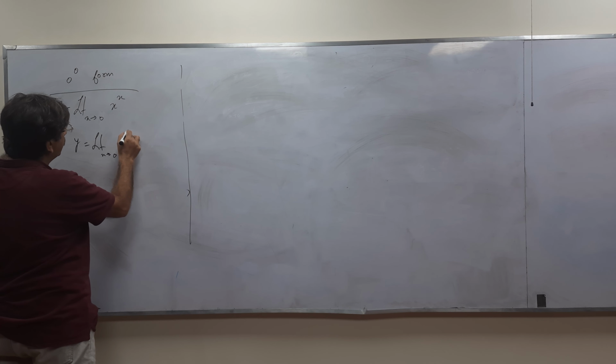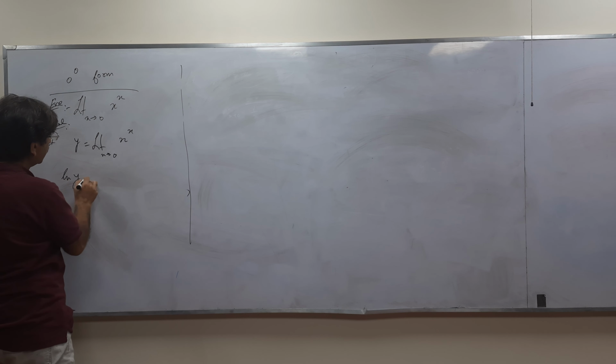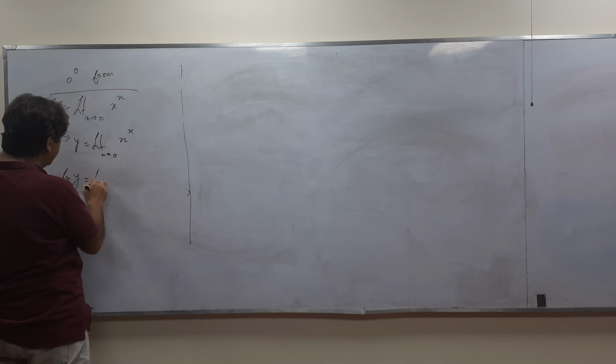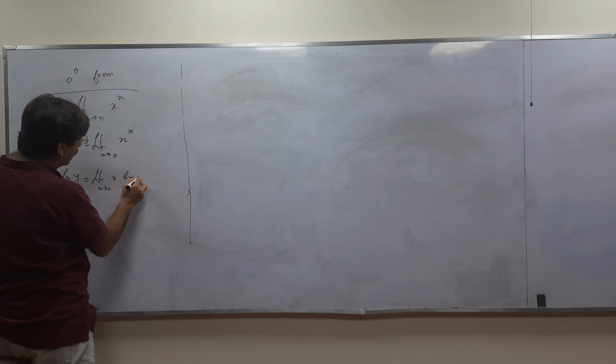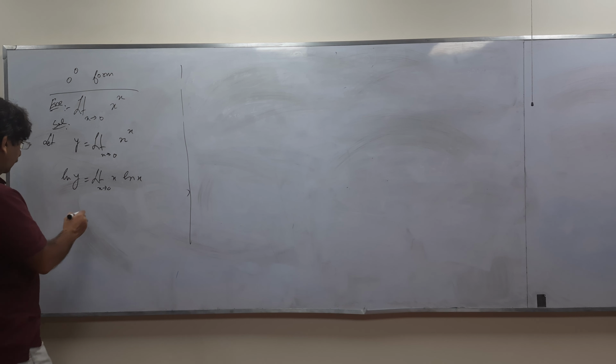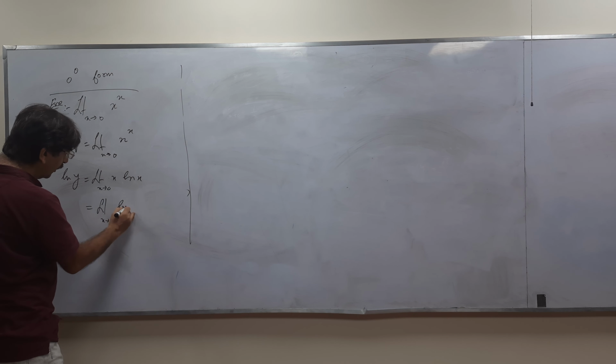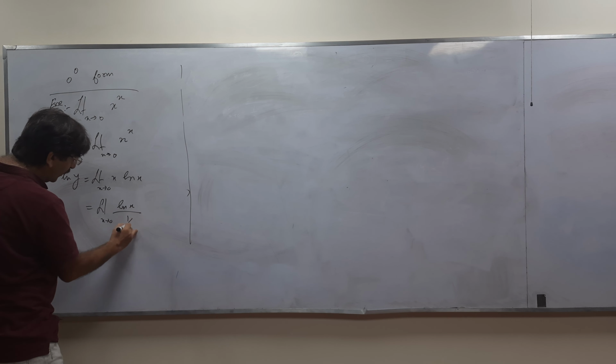Taking the log of both sides, the limit as x approaches 0 of x log x can be written as the limit as x approaches 0 of log x over 1 over x.